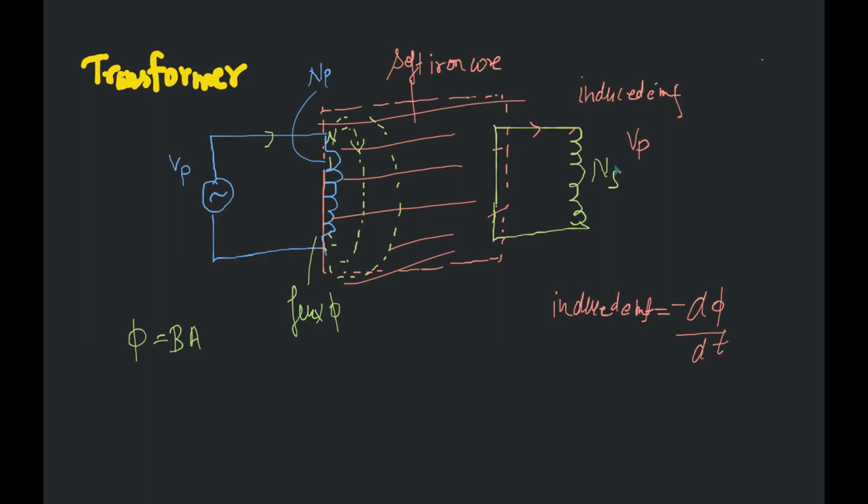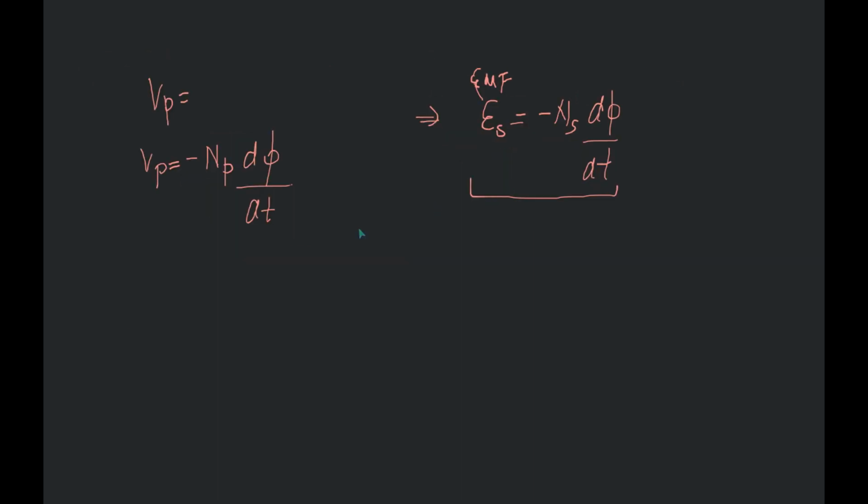So there is a relation between Es and Ep. This is a ratio: Es upon Ep is equal to ns upon np. So we can fix the voltage across the secondary coil and the primary coil by changing the number of turns in the secondary and the primary coil.